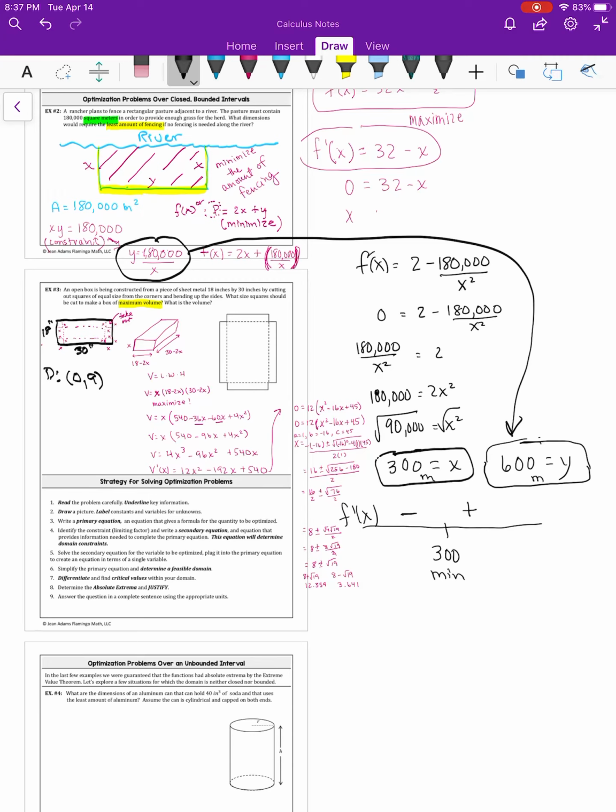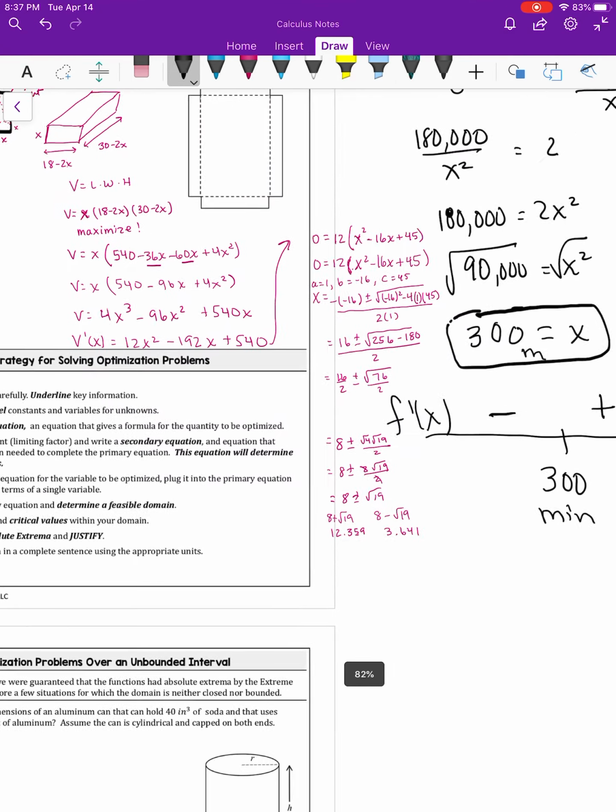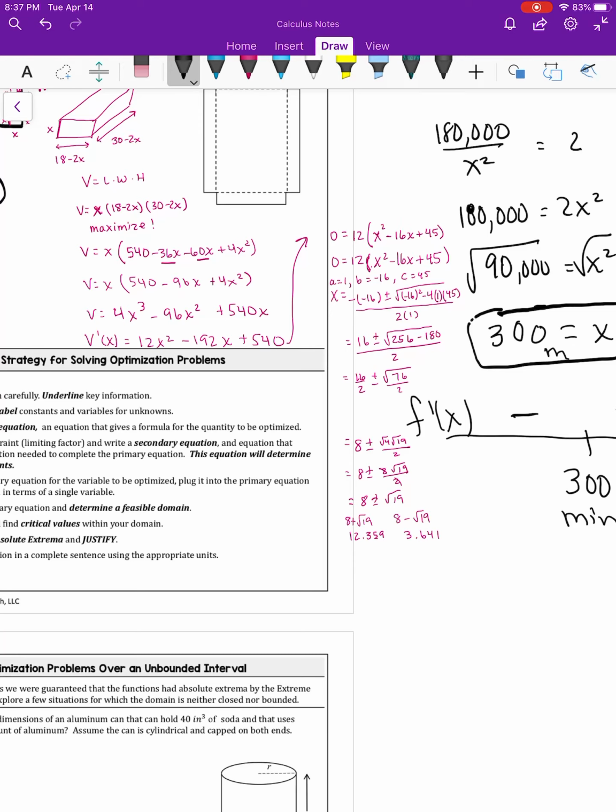So for my domain on this function, my domain had to be between 0 and 9, because I couldn't have made it 9, because then I would have cut 9 off one side, 9 off the other side. I wouldn't even have had a side. So therefore, when I look at my 8 plus the square root of 19, I'm going to have to throw that one out because it's greater than 9. So my 8 minus the square root of 19, 3.641, that is going to be the one that I keep.